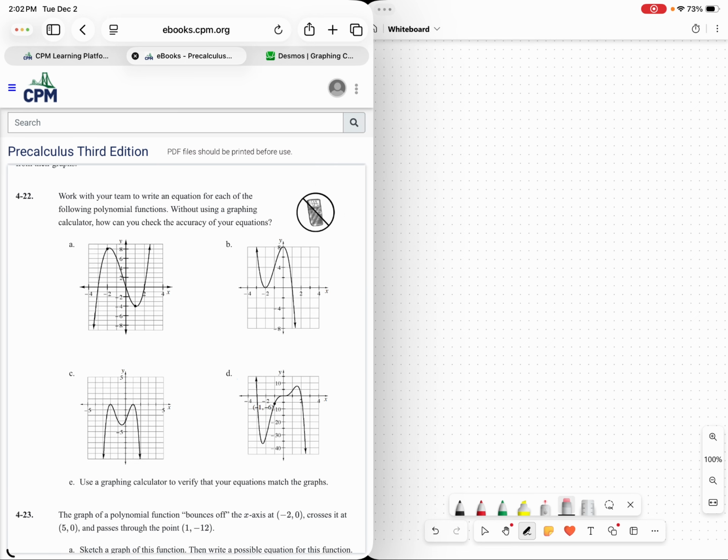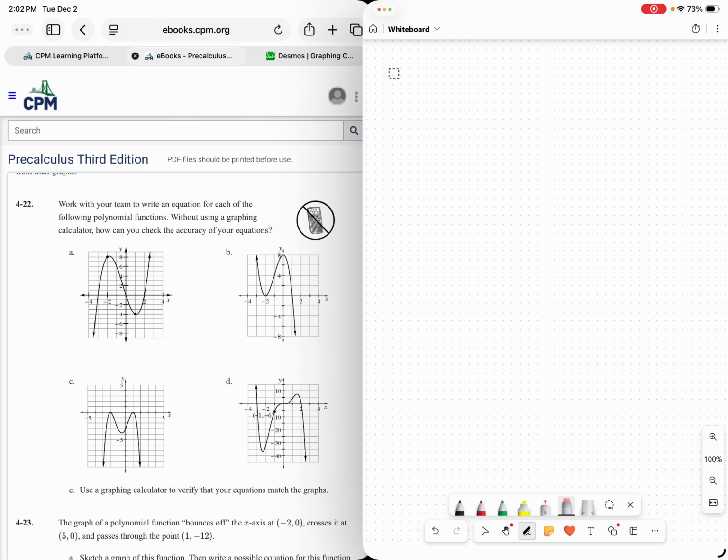So if you're looking at A and you're looking at this graph, what we're doing here is we're using what we used yesterday. So if we look at this, we should know that it's at least a third degree or a cubic function, right? So two curves, cubic function, 3 zeros, right?